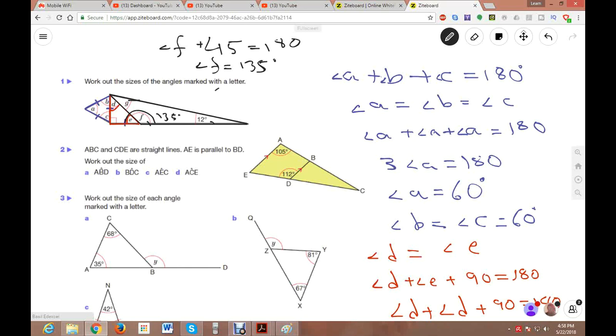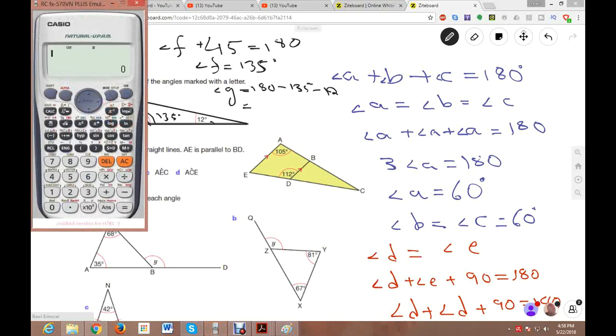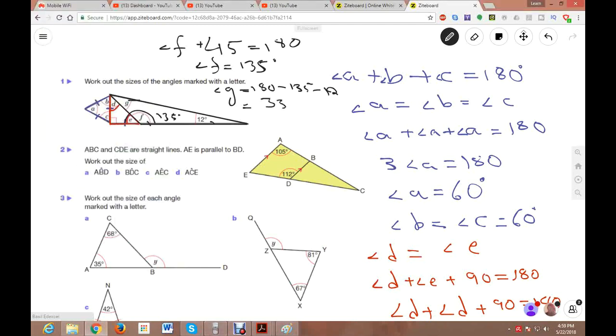I hope now you can easily handle this thing. So angle G is equal to 180 minus angle F, which is 135, minus angle 12. So you are going to get your G. So what is it? 180 minus 147... that's 33 degrees. That's how you do it.